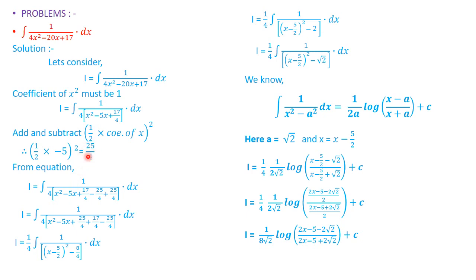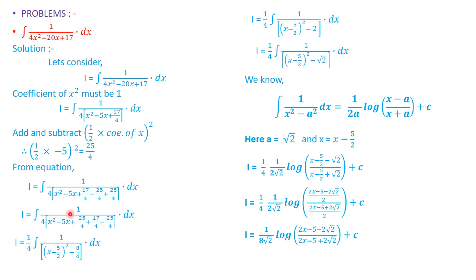Now first add this term. Here our original terms are written as it is, and the adjusted terms are added after, minus 25 by 4 plus 25 by 4.